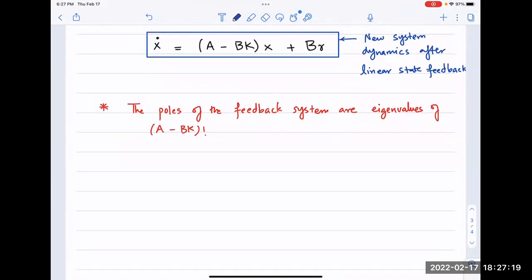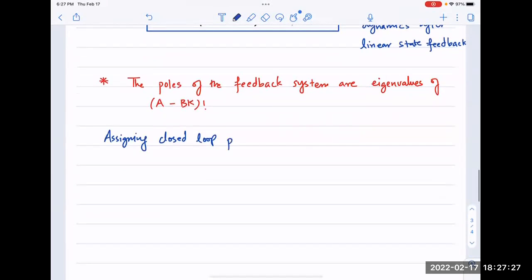So assigning the closed loop poles is equivalent to assigning the eigenvalues of A minus BK.